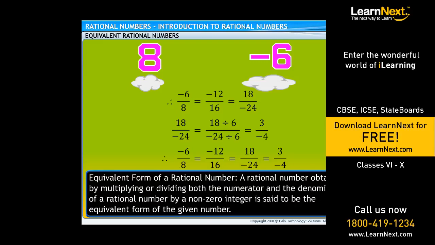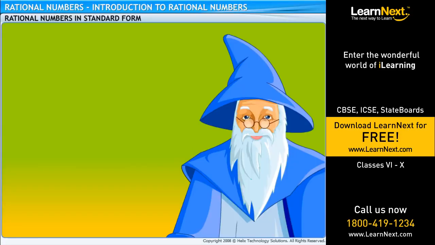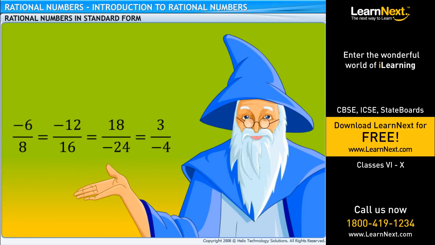By multiplying or dividing both the numerator and the denominator of a rational number by a non-zero integer, another rational number is obtained, which is the equivalent form of the given rational number. In this section on equivalent rational numbers, we saw that all the numbers shown here actually represent the same rational number.